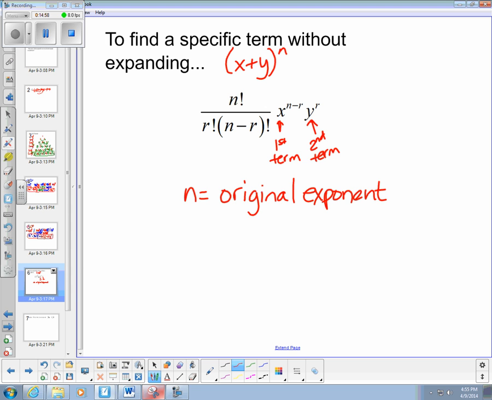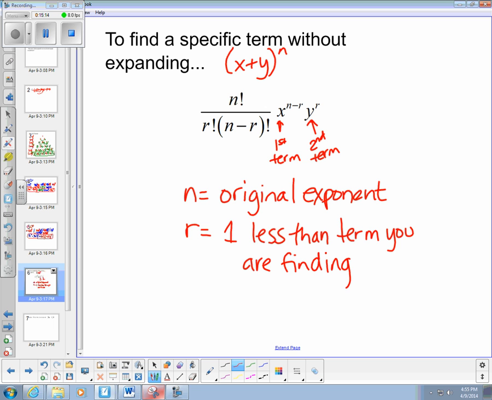So n is the original exponent, and r is 1 less than the number of the term you're trying to find. So if I'm trying to find the 5th term, then my r is 4. If I'm finding the 8th term, my r is 7.